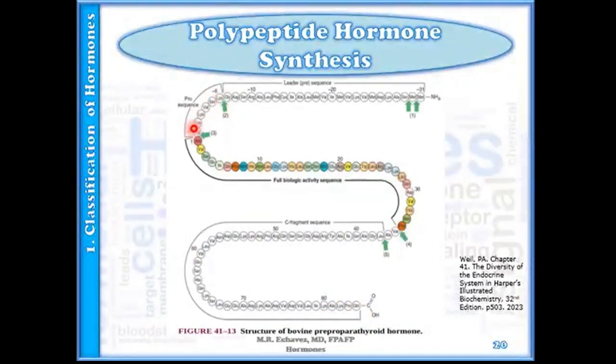It has a highly basic hexapeptide on your N-terminal. So when this is cleaved, you end up with your 34 amino acid parathyroid hormone, which has full biologic activity. And your 25 to 34 amino acid region is usually the one responsible for receptor binding.